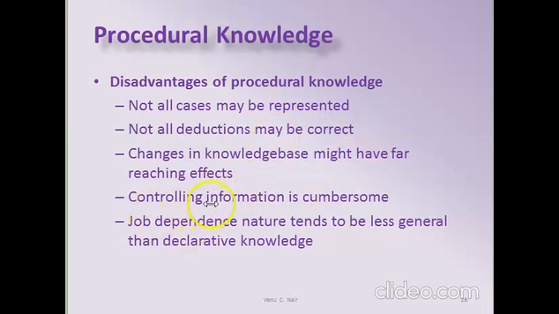Then controlling information is cumbersome because we have seen that even a slight change in the environment can result in variations in the information. And then storing or controlling all this information is a very difficult task. Job dependence nature tends to be less general than declarative knowledge.